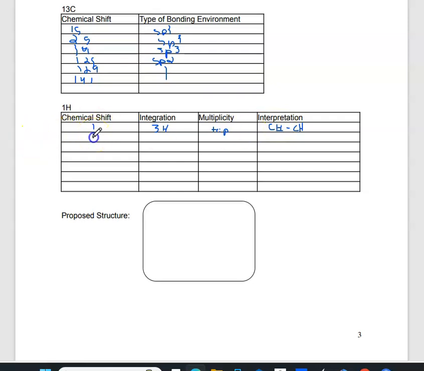Chemical shift of about 1.7. We have 2 of those for integration. And that one is our septet. So that indicates that this hydrogen is going to be bonded to CH3.